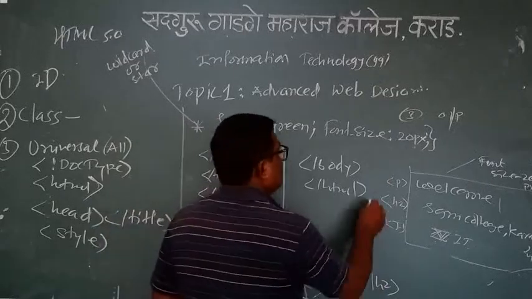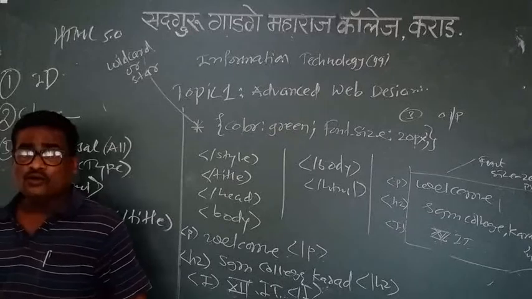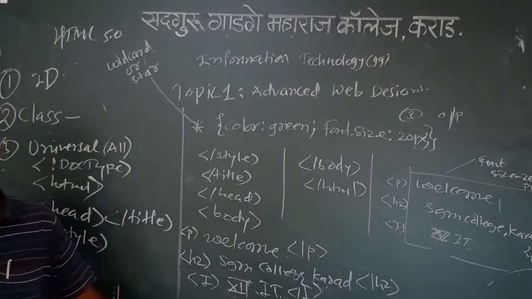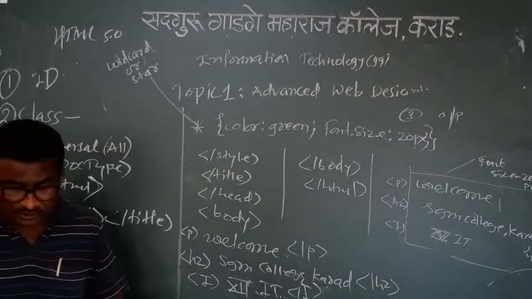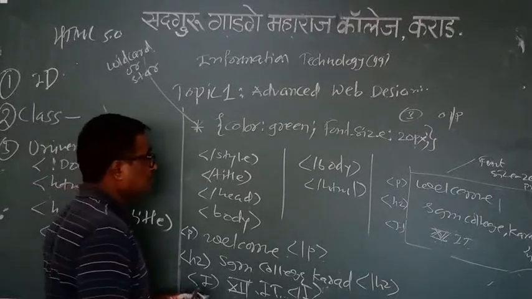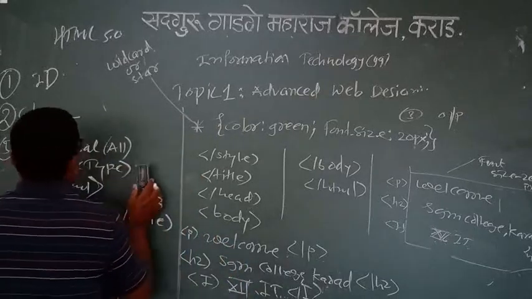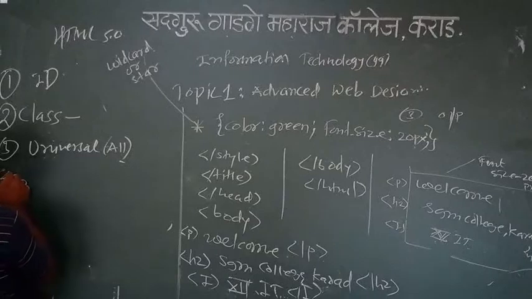Okay, that is the universal or whole or all selector. Okay, last one is the grouping. Fourth is grouping.